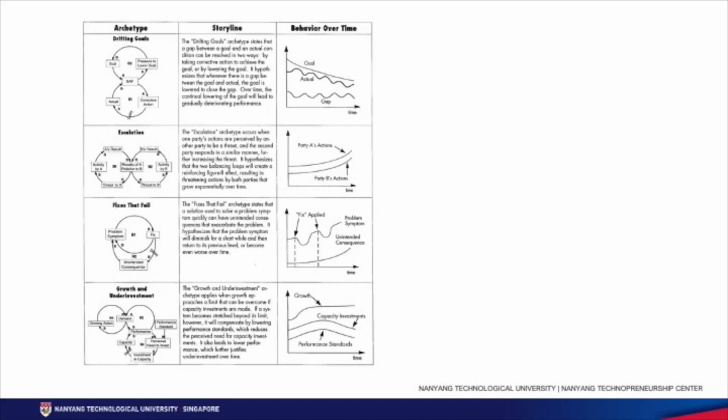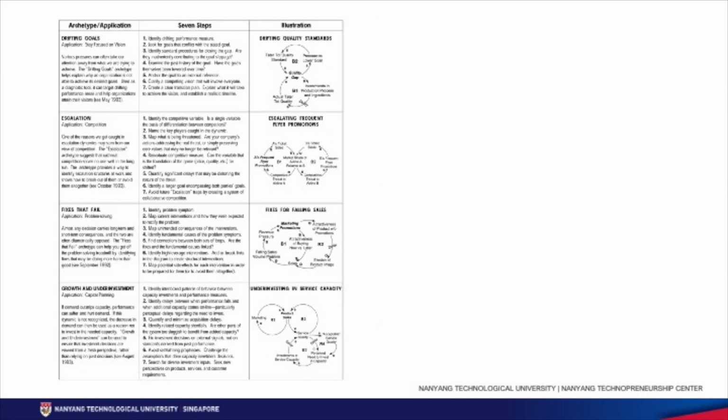First, the important thing is to look at the graph. Don't look at the system diagram, you'll look at it and be confused. Look at the graph. This is the output that you want, and then look at the storyline, because everything is easier if you tell a story. Look at what this story is all about.